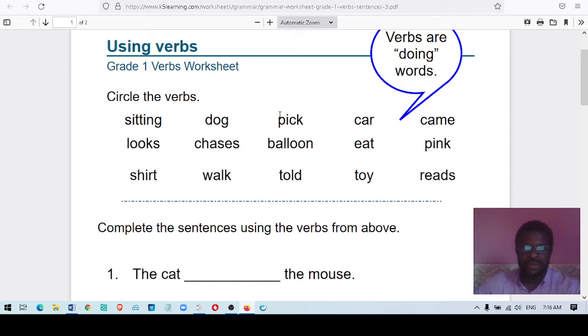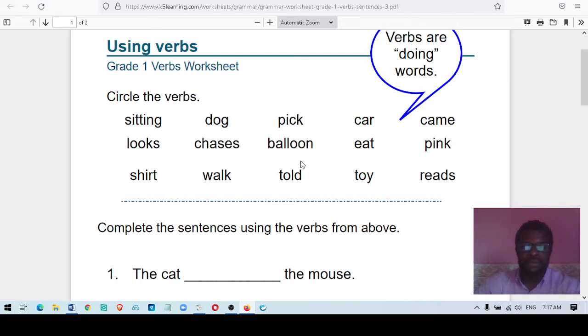Picking things, pick something up. Car is the name of something, so this is a noun. Came. This is a verb. Looks is also a verb. Chases is also a verb when you're chasing after something. The cat is chasing after a mouse.